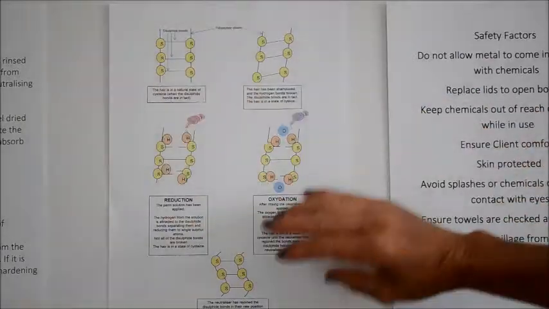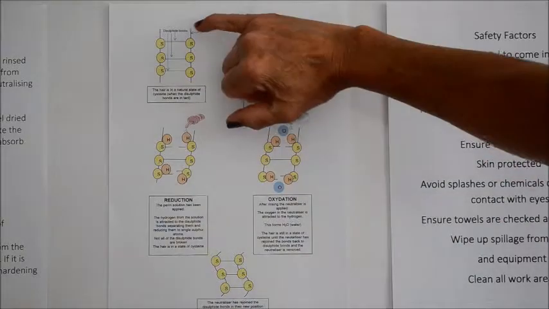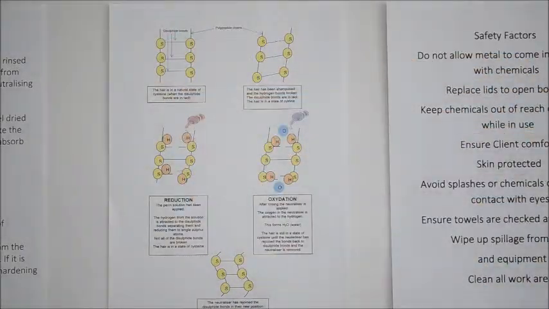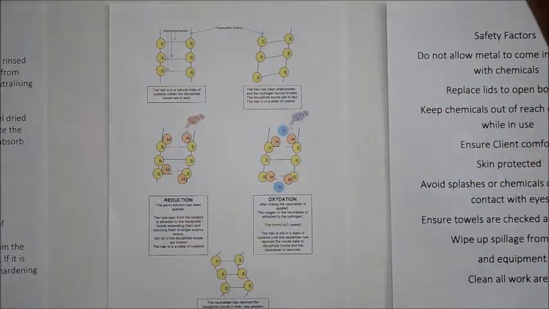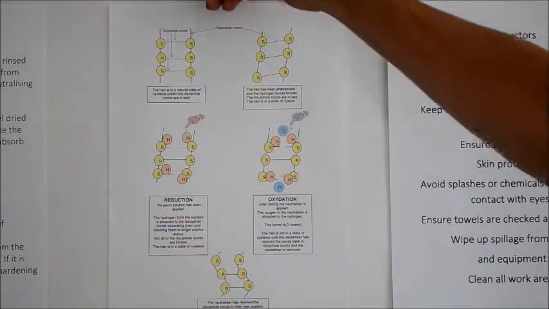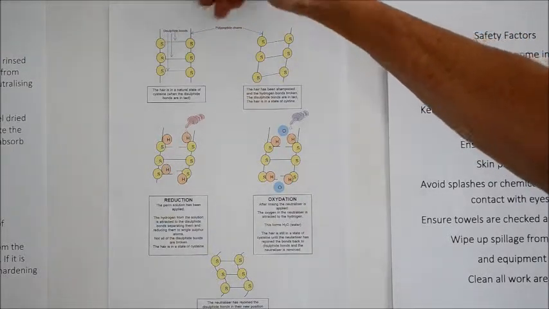This represents, it's a very simple diagram of the chemical process of perming on the hair shaft. These represent the polypeptide chains, and the ones that come across represent the disulfide bonds. Now a disulfide bond is created by 2 single sulfur atoms joined together.